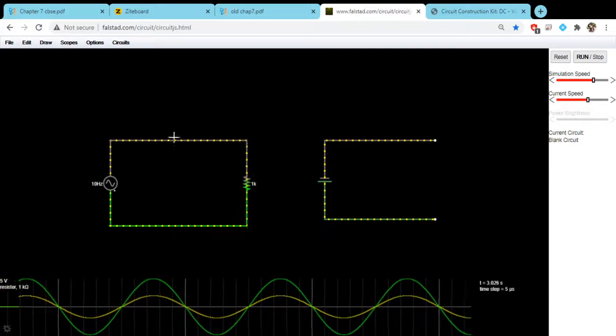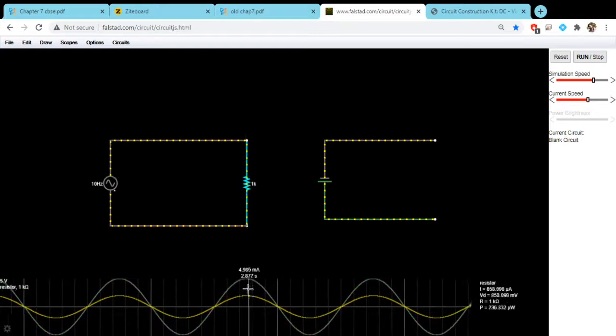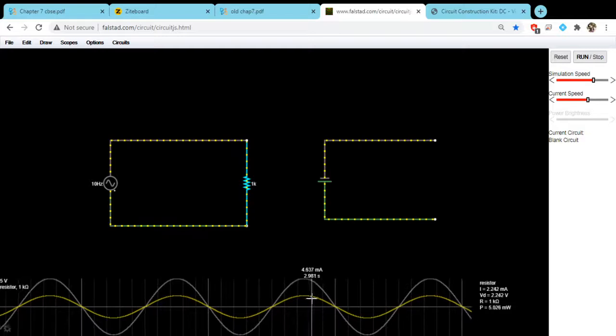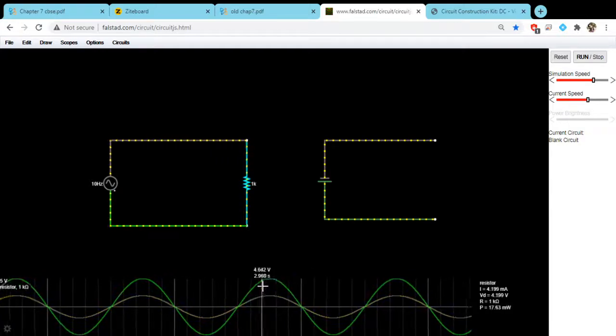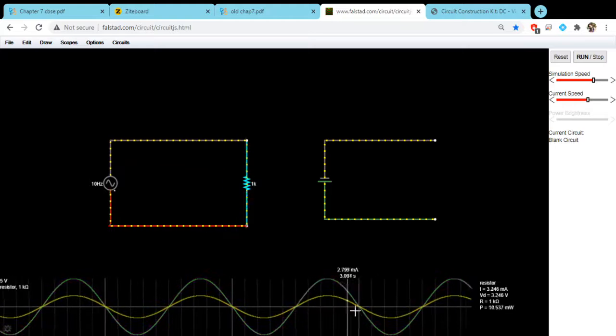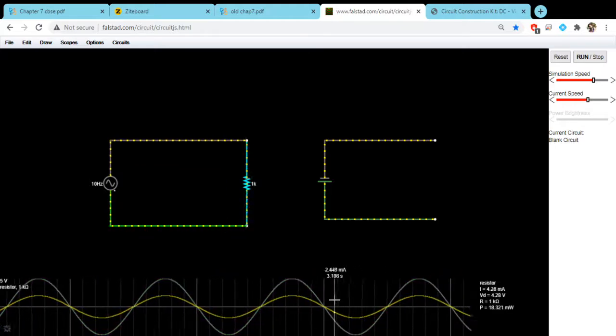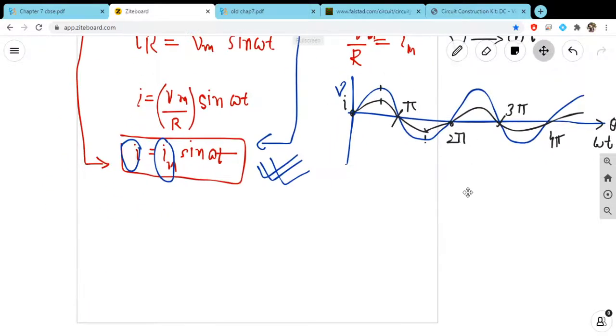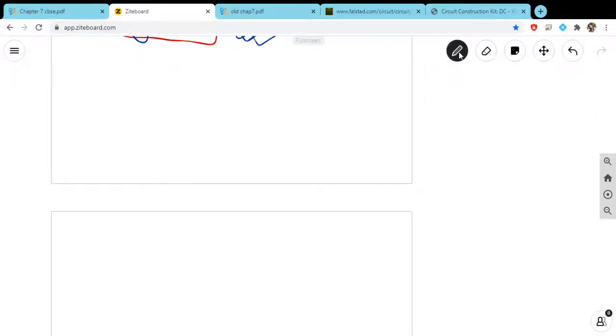For this AC circuit, you see both voltage and current have the same nature. When voltage becomes maximum, current becomes maximum. This is what happens in the case of a resistor. Okay, let me take you to the next step.